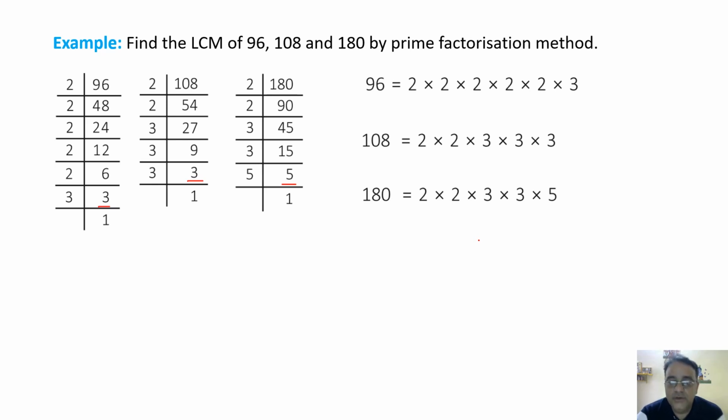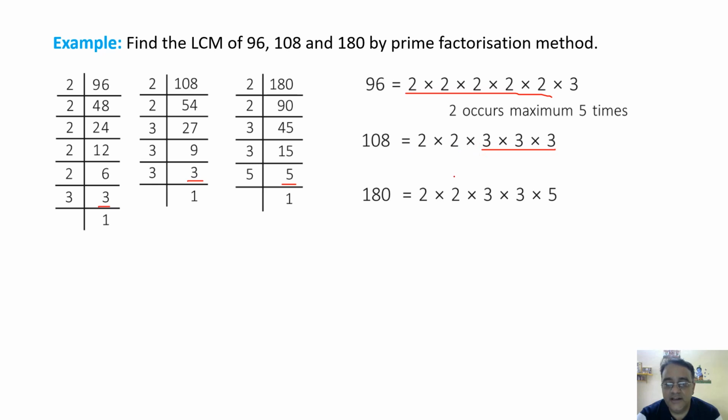Now 2, 3 and 5 are there here. 2 occurs maximum times in which number? 96. Yes, 96, 5 times. Now 3 occurs maximum how many times in which number? 108, 3 times.